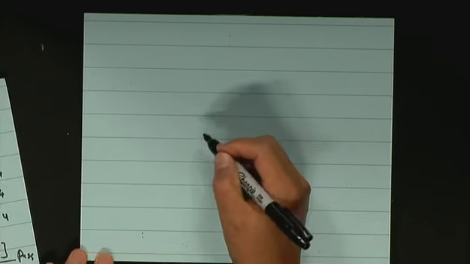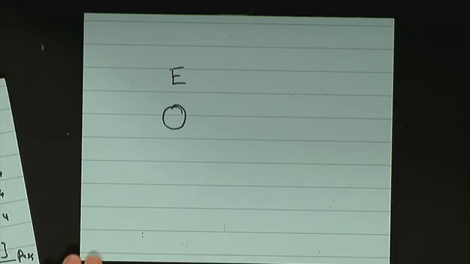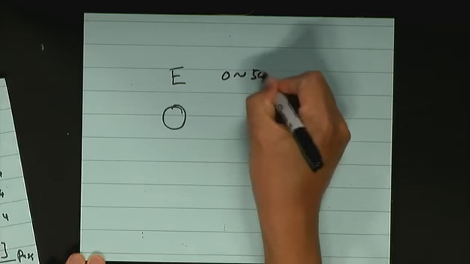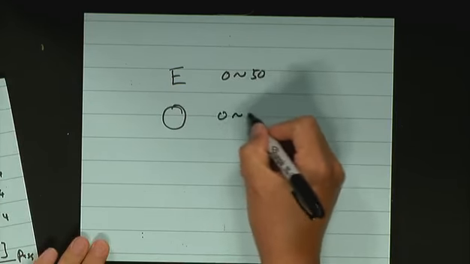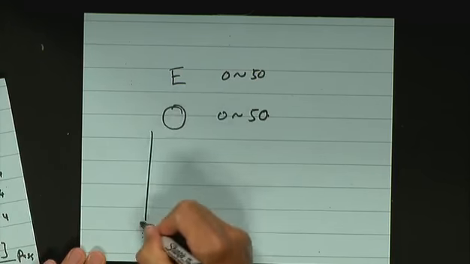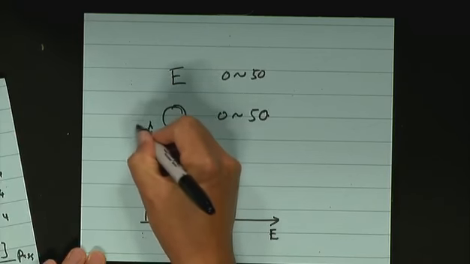The simplified solution is actually something we can draw out. Say you have the exam and other, so you have those two parts. Exam is 0 to 50, and the homework and the project is 0 to 50. Then what we can draw is something like this. We draw the exam, and then we draw the other.